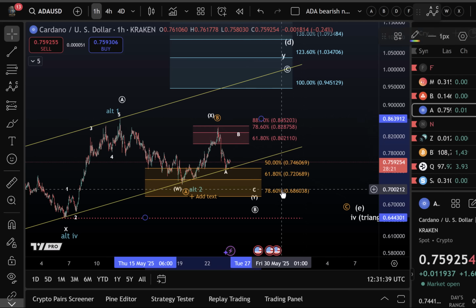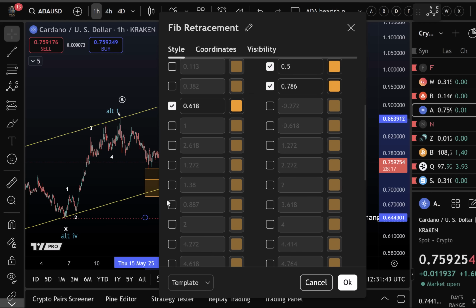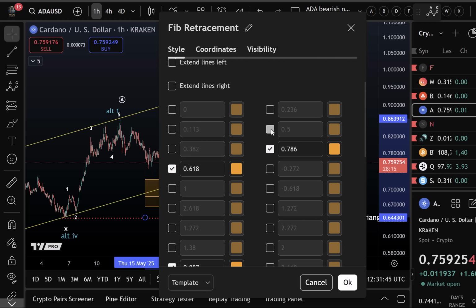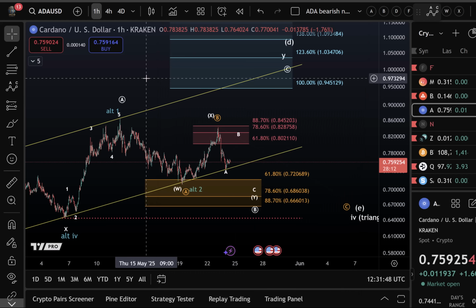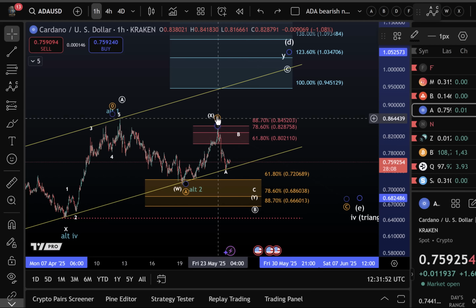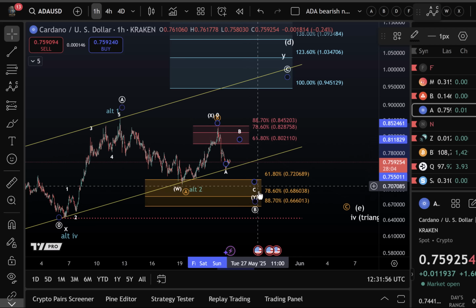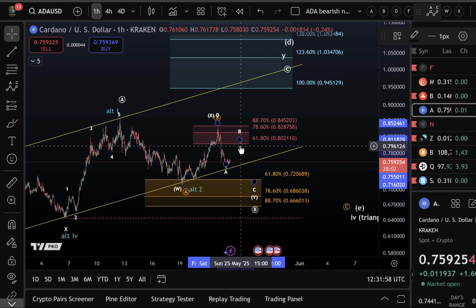A reset. What I'd like to do though, I would like to change then based on that our support area. It did its job, but based on the data we have now, we might want to activate the 88.7 retracement, because it looks to me like, okay, even if it forms a B-wave bounce, it might need some room. So I think that's something to watch for.